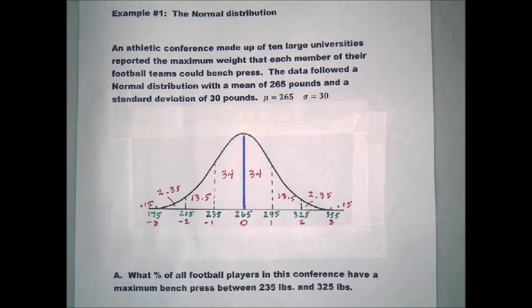So now that we have the chart all filled out, we can start answering some specific questions, like this first one. What percent of all football players in this conference have a maximum bench press between 235 pounds and 325 pounds? So really all we want to know is the total amount of this area from 235 to 325.